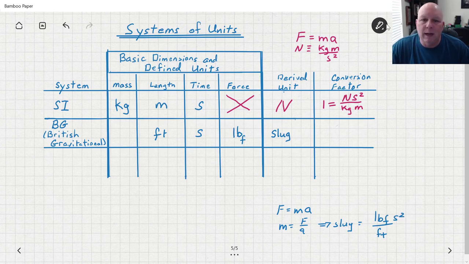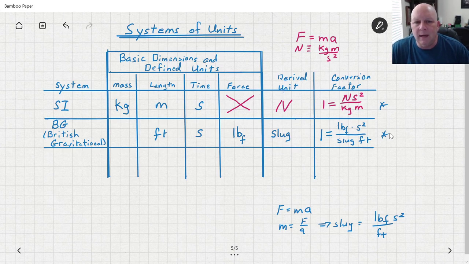My conversion factor then is going to be 1 is equal to a pound force second squared divided by a slug foot. And that's used exactly the same way as we have in the SI system. So this is sort of a direct analogy to SI, but the only difference is our derived unit now is the unit associated with mass.